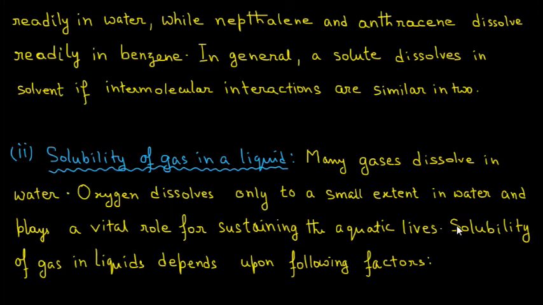Next is solubility of a gas in a liquid. Many gases dissolve in water. For example, oxygen dissolves only to a small extent in water and plays a vital role in sustaining aquatic life. Solubility of a gas in a liquid depends upon the following factors.